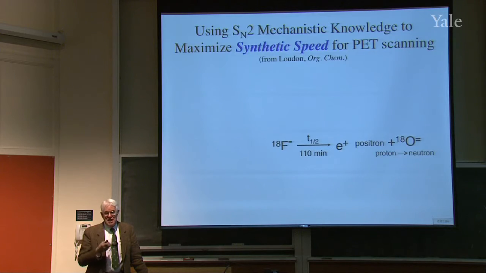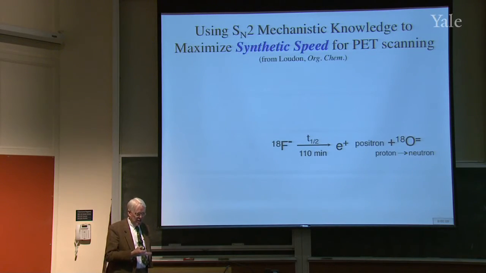Unstable isotopes decay to give a number of particles, but one that's given, especially in the case of F18, is the positron, because F18 can have one of its protons in the nucleus become a neutron.